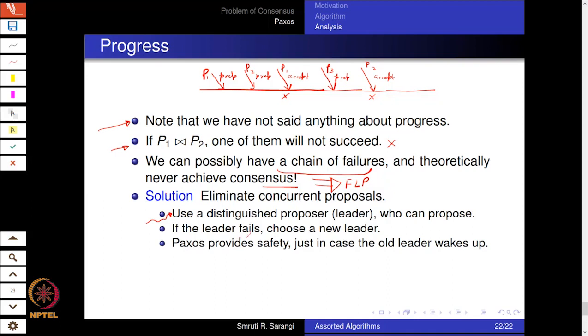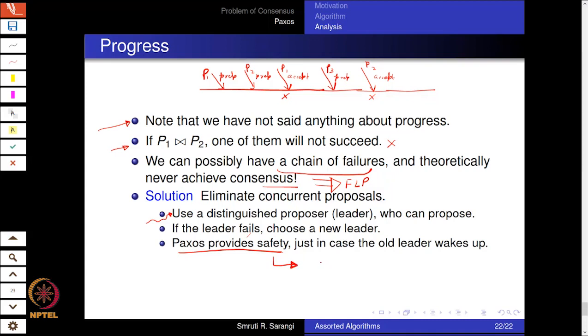But at least Paxos provides safety, right? Just in case anything happens, Paxos still provides a certain degree of safety net. And furthermore, the idea now is that Paxos is complex. So why is Paxos complex?